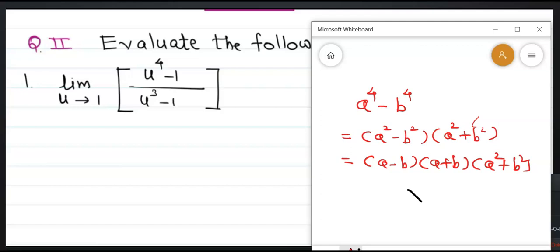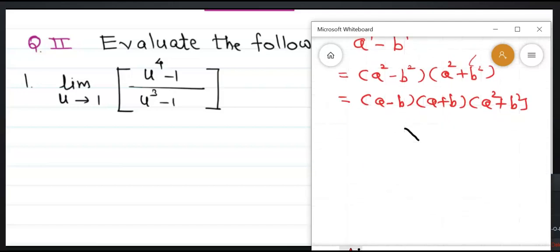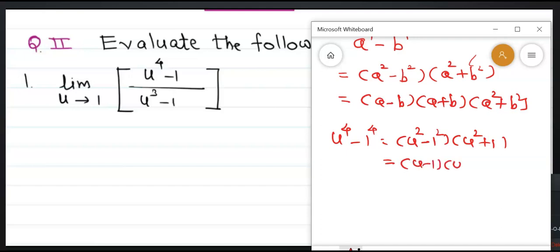In the same manner, here we have u raised to 4 minus 1 raised to 4, and we can have their factors (u square minus 1 square) and (u square plus 1). And in the next, u minus 1 and u plus 1 into u square plus 1.